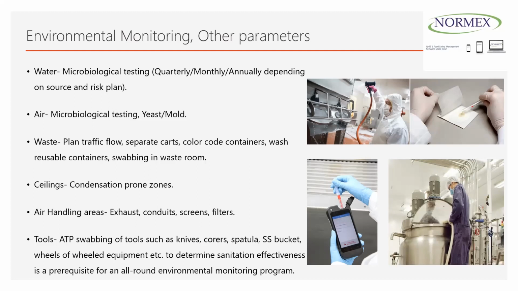The waste container should not be used for any other purposes. And rewash your reusable containers that go and come out of the waste room. Also include swabbing in waste rooms, so that you know that no contaminant is entering from outside into that waste room and being carried over through your shoes or something.